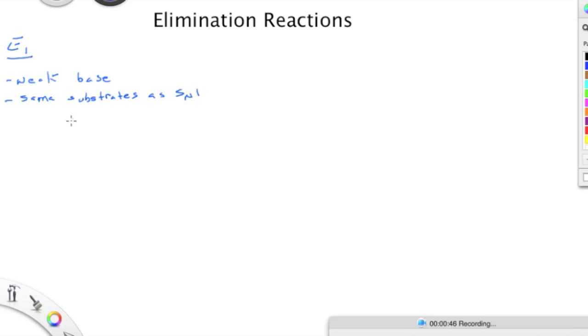Right, so what that means is that we want a substrate that can stabilize a carbocation, that forms the more stable carbocation.